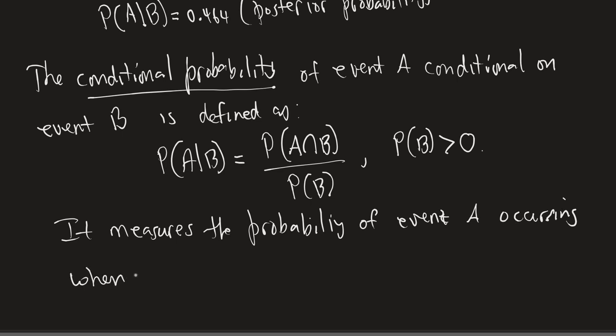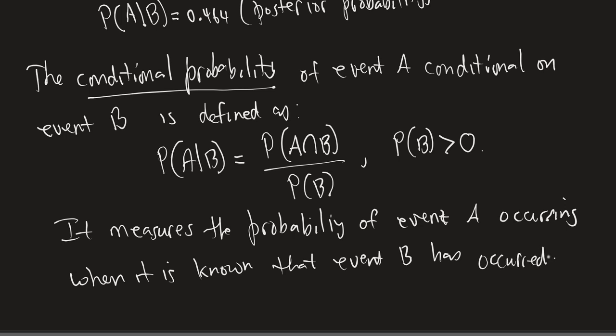And that's key, when it is known that event B has occurred. And that's it. So let's do another example.